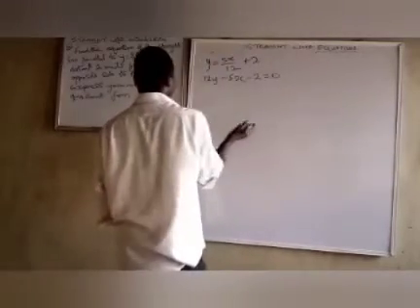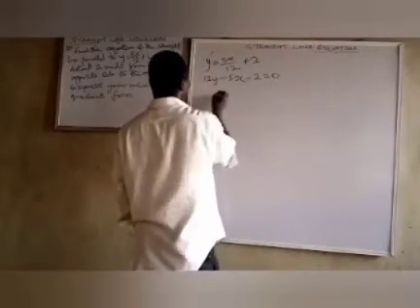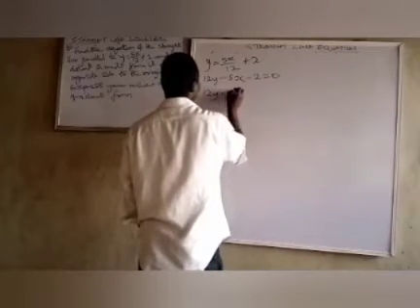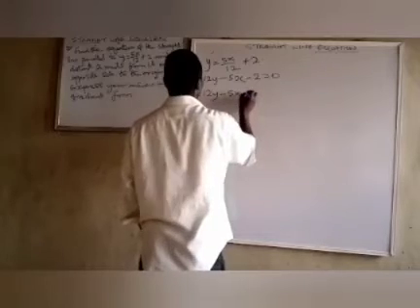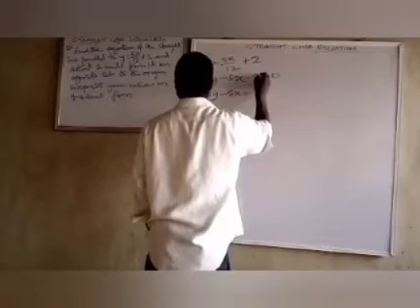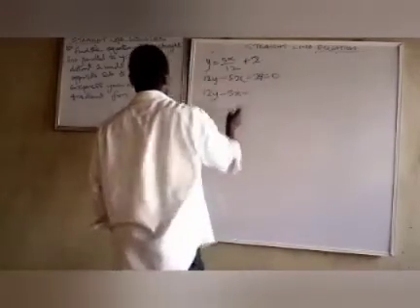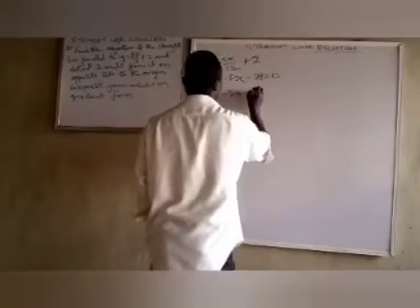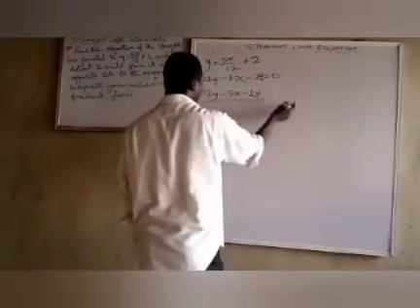For the distance, as we have done initially, we are going to have 12y for the new line minus 5x. Oh, this one is minus 24, sorry. 12y minus 5x minus 24, that is to express the distance.